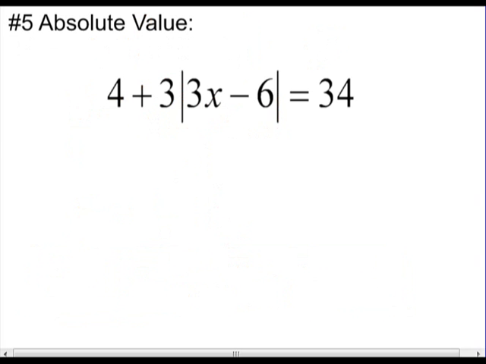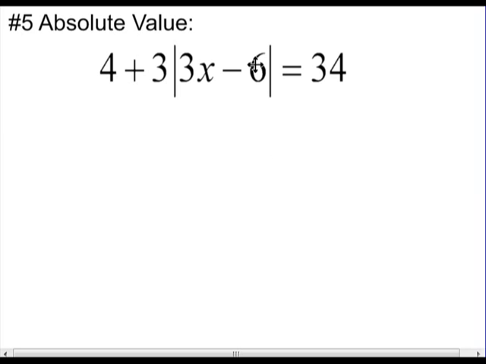Okay, now let's get to absolute value equations. Just want to remind you what absolute value means. It means that thing's distance from 0. So what we're going to do is we're going to solve that equation for the absolute value.